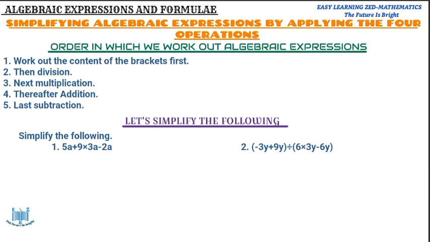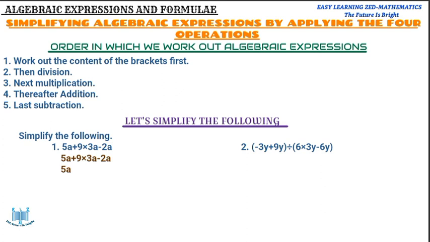Before I start doing that, let me just write it down here. First, I'm going to identify where I'm going to start from. I'm going to start by multiplying 9 by 3a. Then I'm going to write 5a in advance because it is not going to get affected.